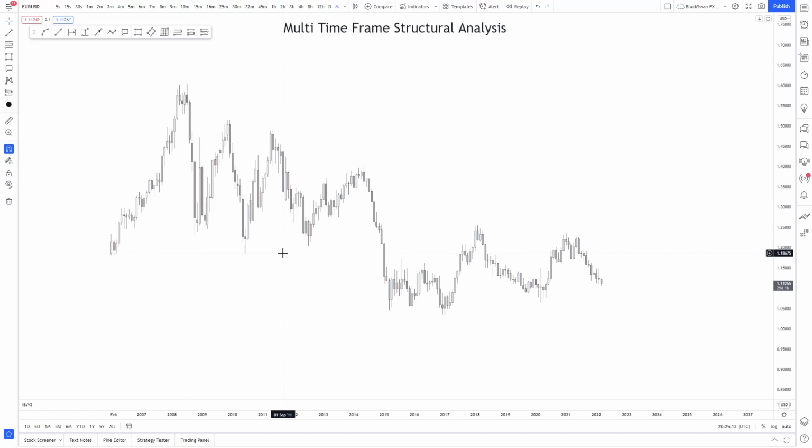Once a week I will go to the monthly and work my way down to the 15M. And before each trading session, so I trade the New York session, I'll do a top-down from the daily down to the 15M.